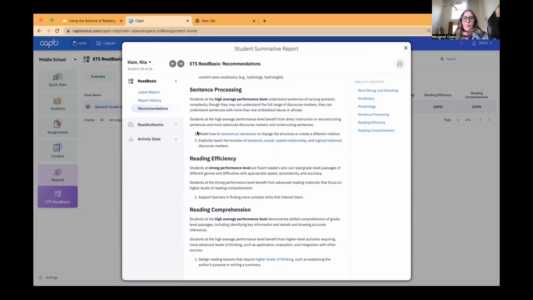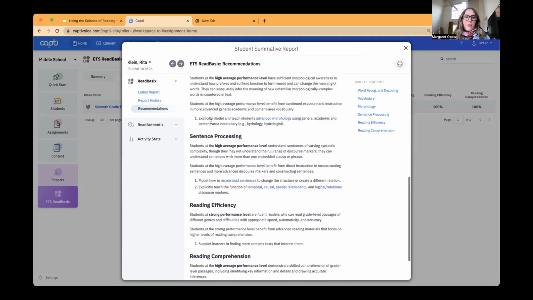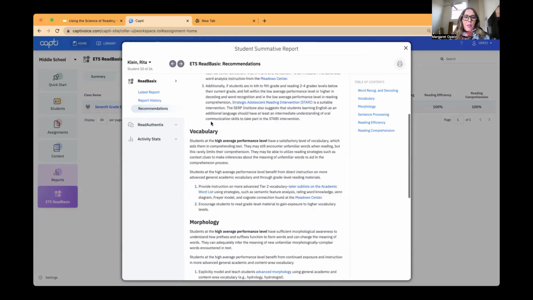So if a student's at a weak performance level in sentence processing, we've got recommendations for the weak performance level. And then we'll try to help get students across to low average, then to high average, and then strong. And we've done that for each of the subtests and for the recommendations.